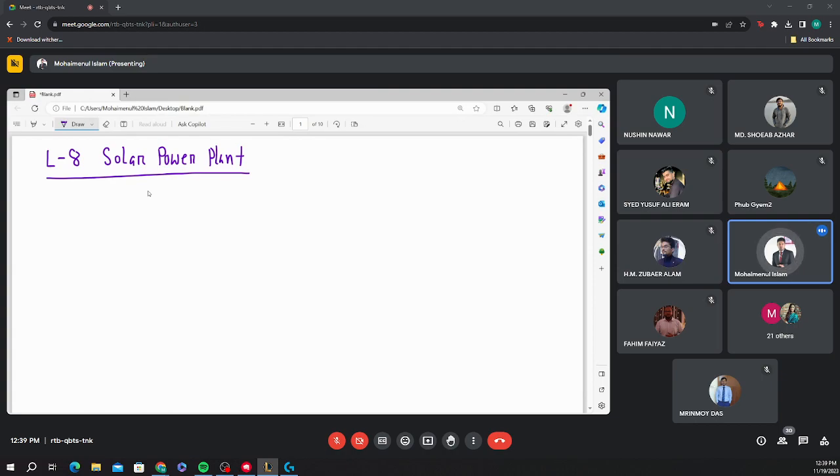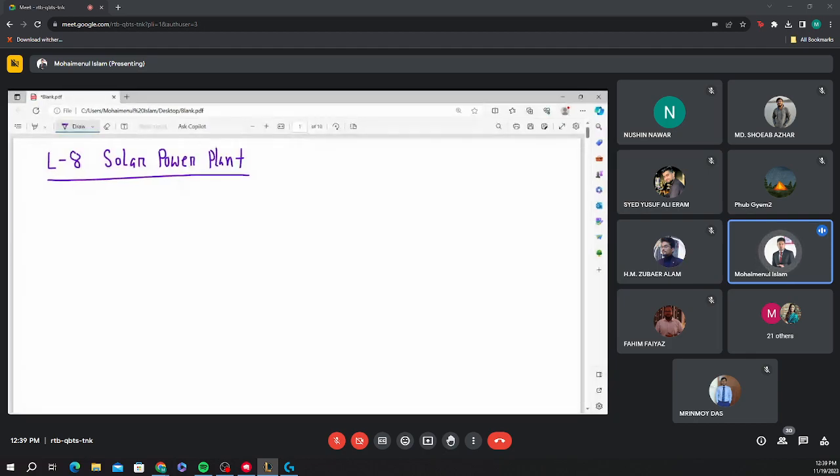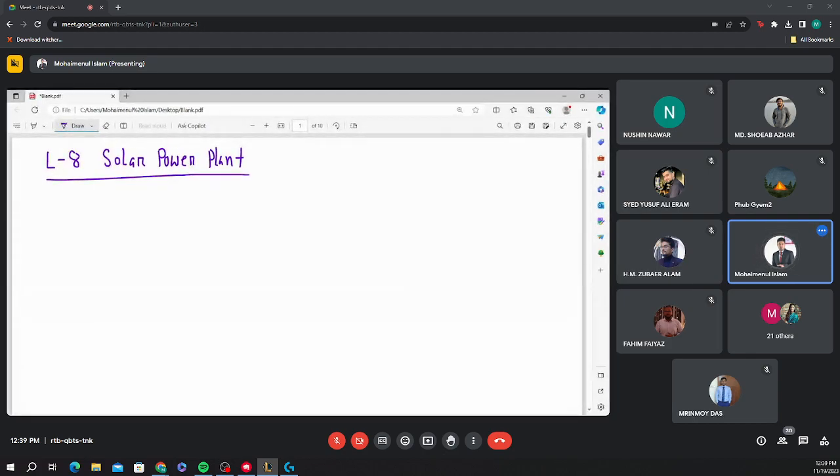Then we will cover the different types of conversion methods from solar energy to electrical energy, and then we will discuss thoroughly those types of power plants. Before going to that, we need to know some details about solar energy.